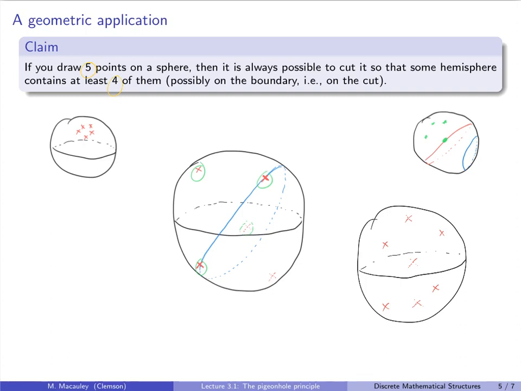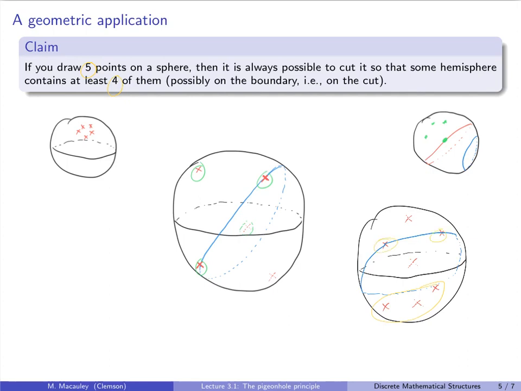Now, same technique: you just pick 2 of them and pick a great circle. And then what do you have left? You have 5 remaining points that are divided among the 2 hemispheres. So one of the hemispheres is going to contain at least 3 points. So there we have 3, 4, 5.